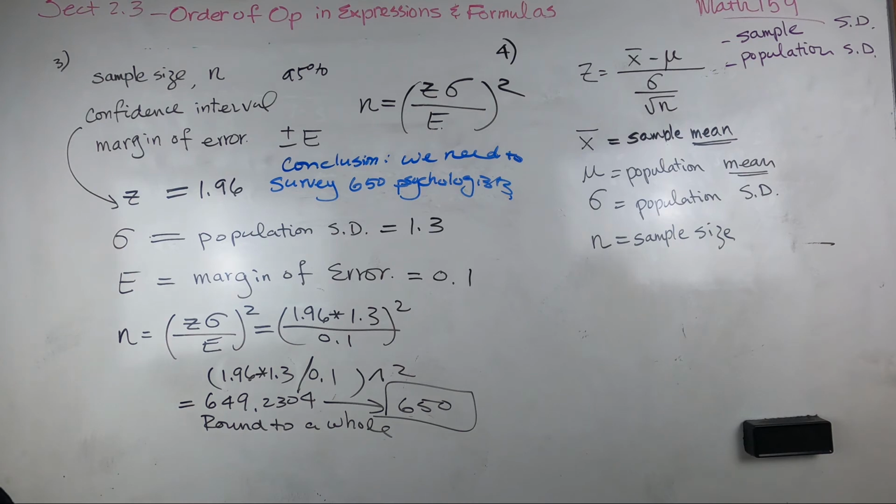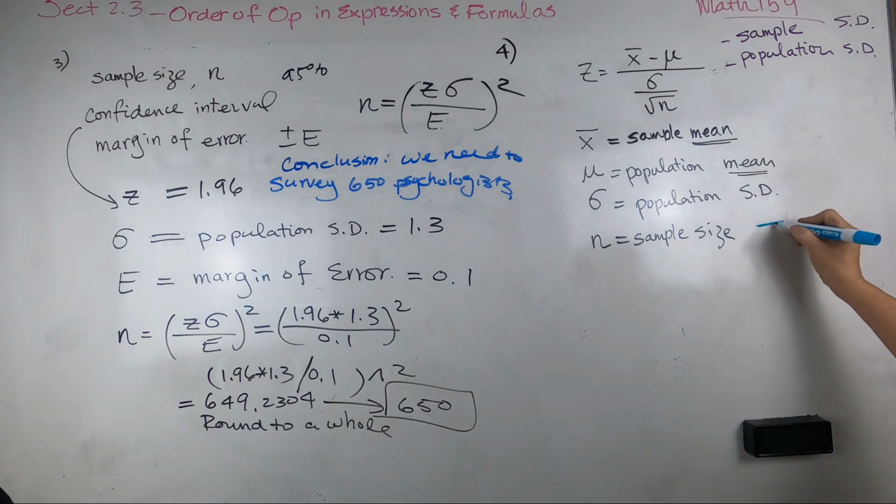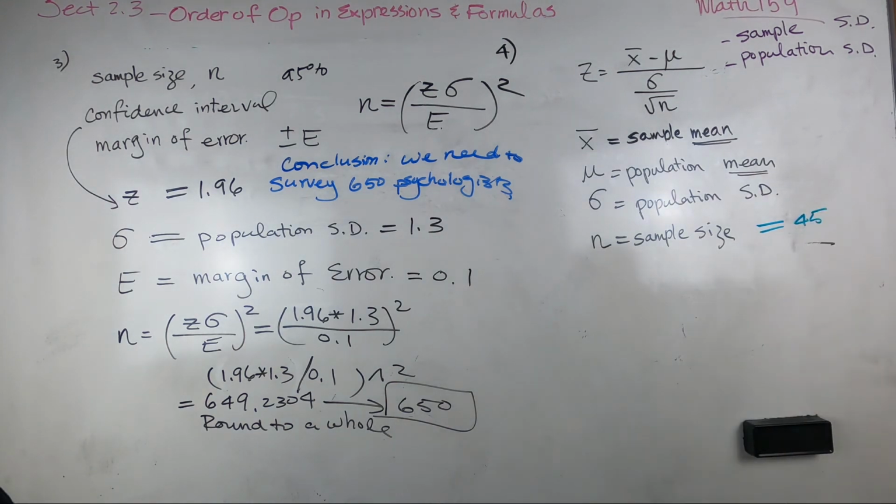An environmental scientist collected data on the amount of glacier retreat. She measured the 45 glaciers. So where does 45 fall into? She did a survey, total 45 cases, 45 glaciers. So that's her sample size, 45.